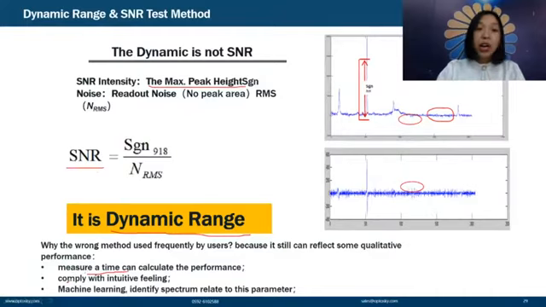Secondly, it fully complies with human intuitive feeling: if the noise is big, the value will be smaller, and if the peak is higher, the value will be better. These values are also very useful for machine learning, so it can identify spectra related to these parameters.